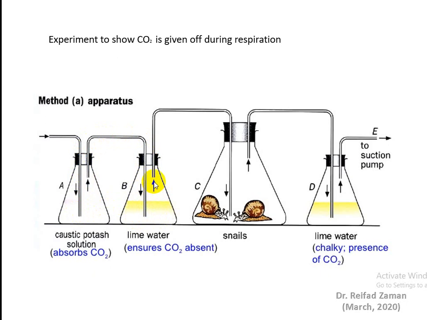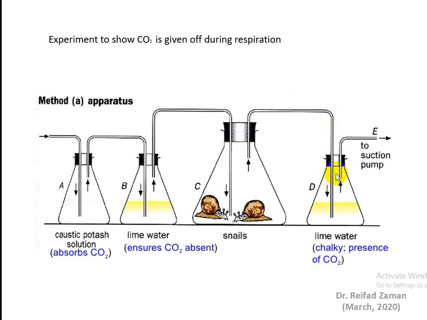Then this air enters into chamber C, which contains the living organism. Now the living organisms absorb the oxygen, they respire and produce carbon dioxide. This carbon dioxide passes out through this tube and enters into the second lime water chamber.